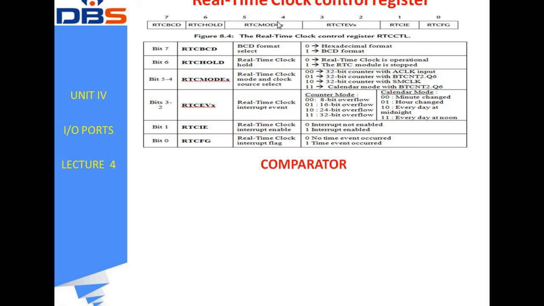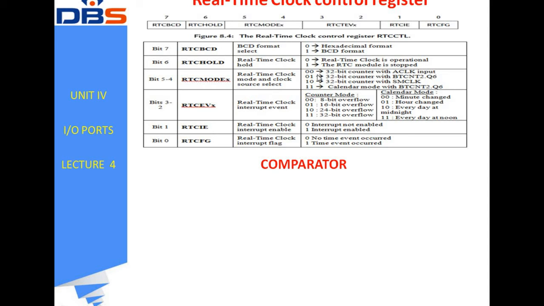Here coming to the next one, RTC mode selection. See here, real time clock mode and clock source select. Based upon the modes we are going to select the clocks.